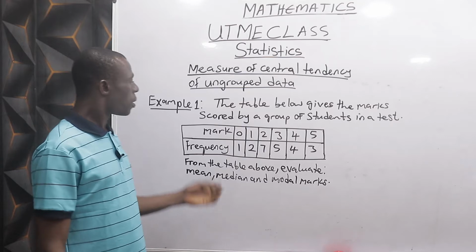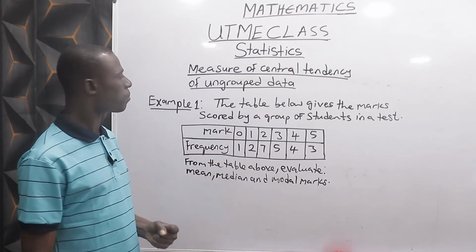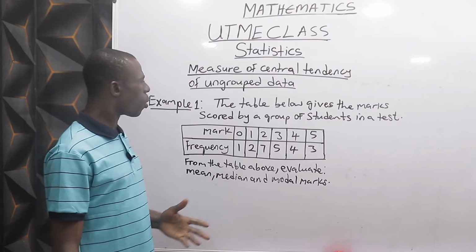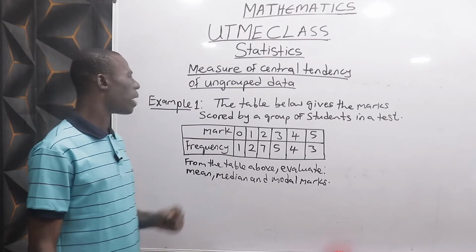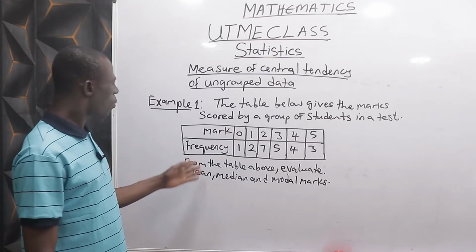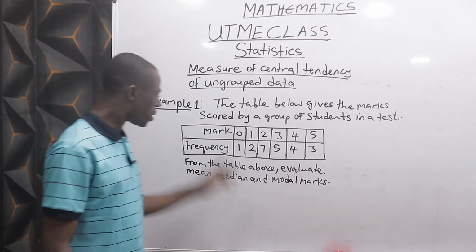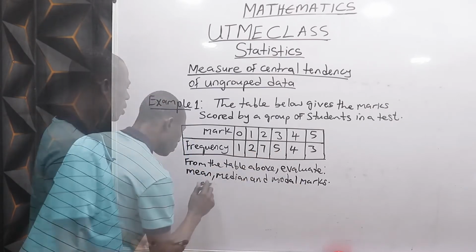Example 1. This is a past question from UTME. The table below gives the marks scored by a group of students in a test. This is the table. From the table above, evaluate mean, median, and modal marks.